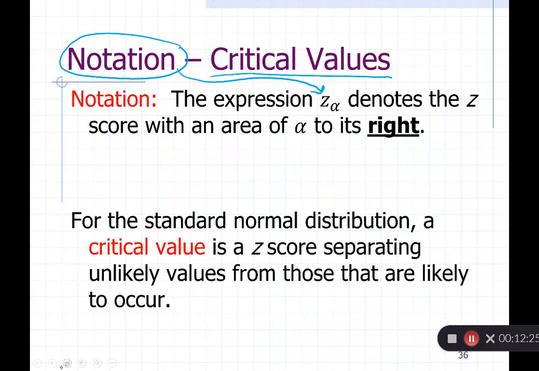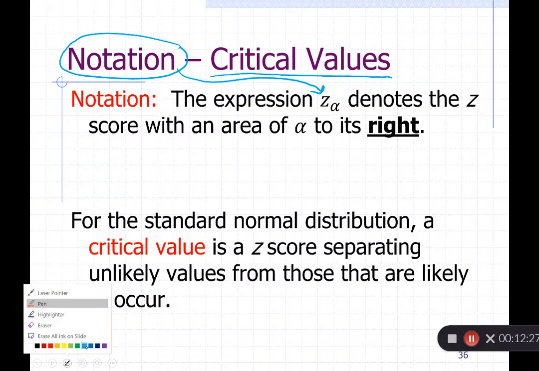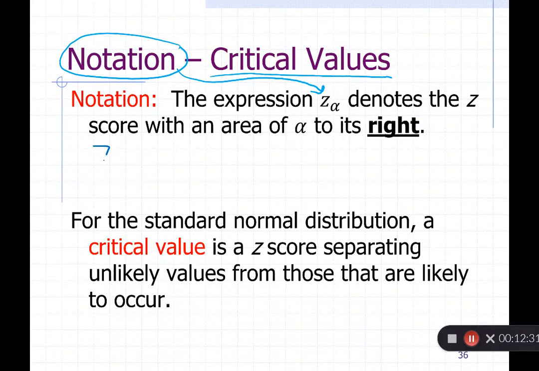So what this means is, let's say, for example, z with a little 0.05. Z 0.05. So alpha, in this case, is 0.05.